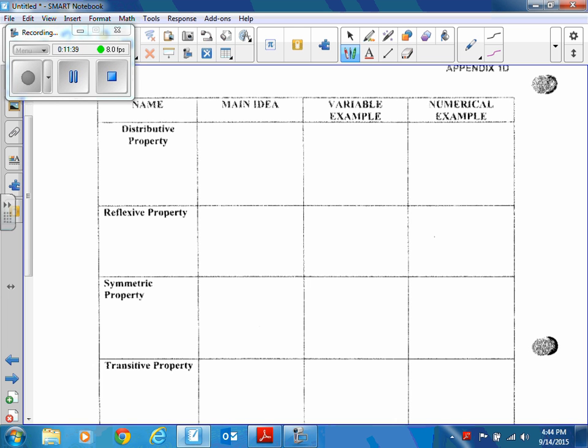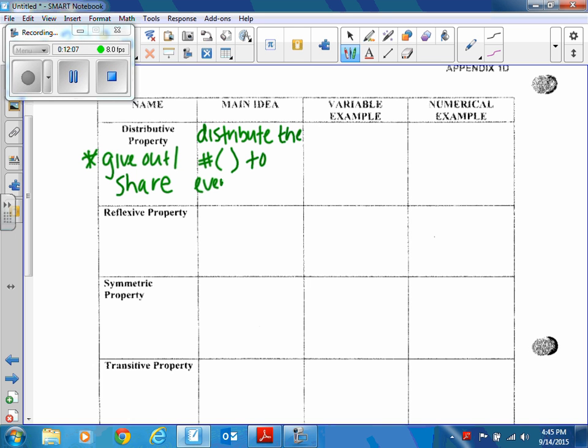So I'm going to put a little hint here. Distribute, to give out or share, might be a little hint that you could use. And the main idea is you're going to distribute the number on the outside of the parentheses to everyone inside.